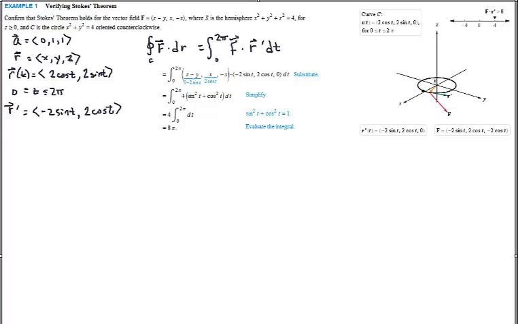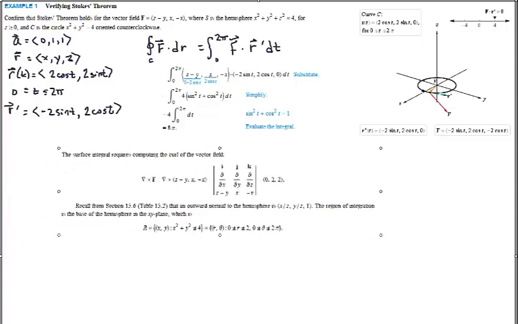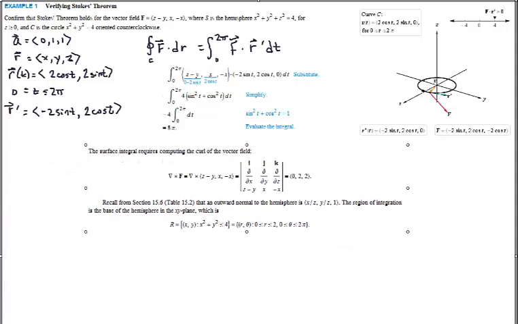Now we've got that line integral, and the next thing we need to do is compute the curl of the vector field. So in our next little blurb here, we need to look at the surface integral, and it's going to be that cross product. Just like we did before, we compute that cross product, and then we go into our table and do our change of parameters.